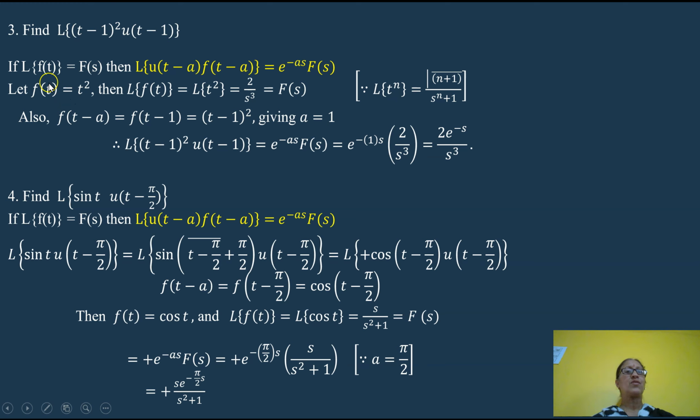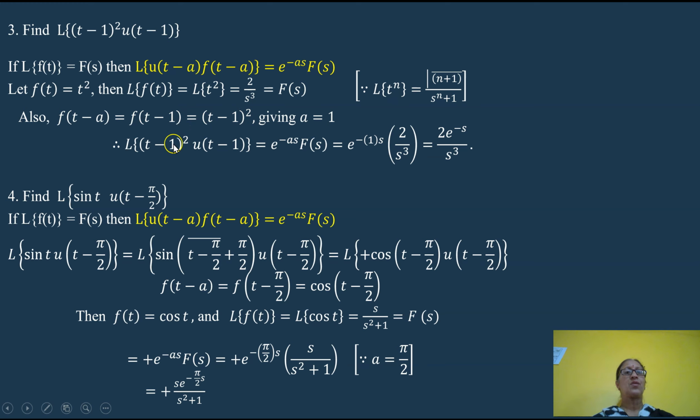Then the Laplace transform of this f(t) is the Laplace transform of t square, that is n factorial by s power n plus 1, that is 2 by s cube, which is equal to F(s). Now f(t minus a) is nothing but (t minus 1) whole square, that is f(t minus 1), which is (t minus 1) whole square. Here a equals 1.